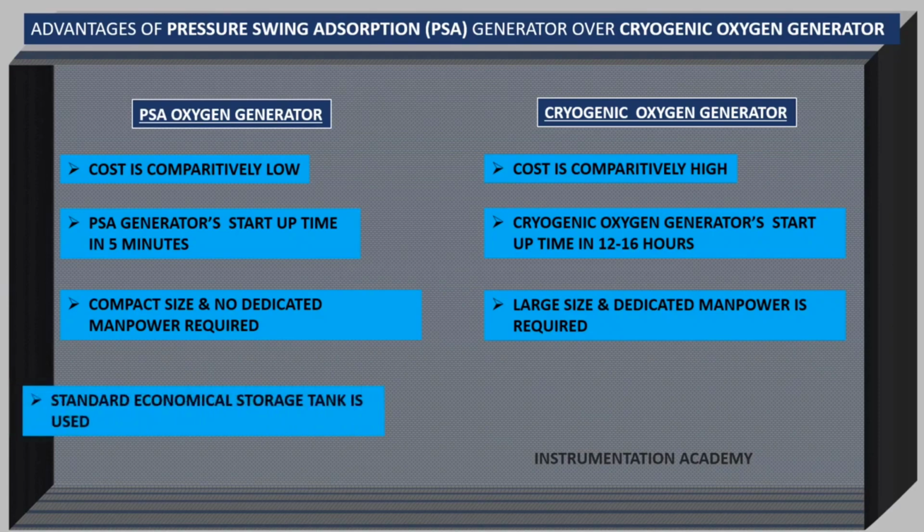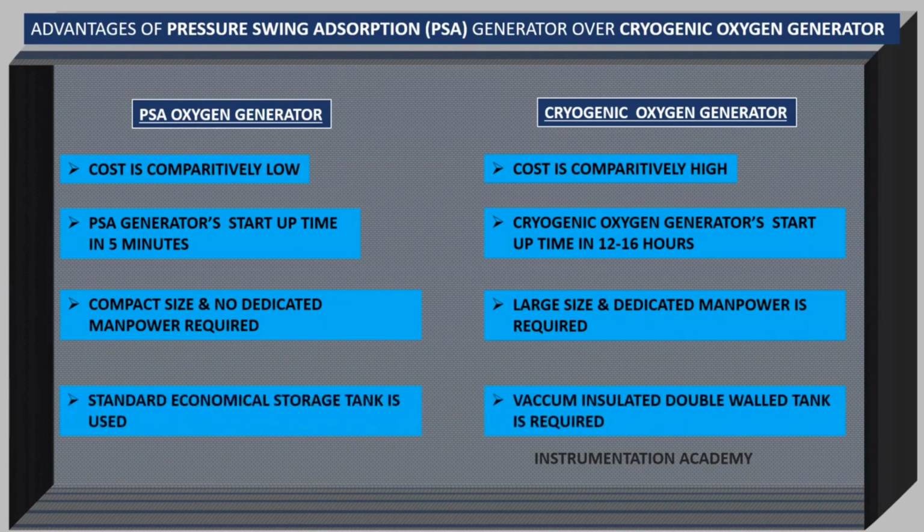PSA oxygen gas can be stored in a standard economical tank, whereas cryogenic oxygen is to be stored in a vacuum insulated double walled tank. The cost of this storage tank is therefore high. Considering all these advantages, we can say that PSA oxygen generators are best suited for medical oxygen generation in hospitals.